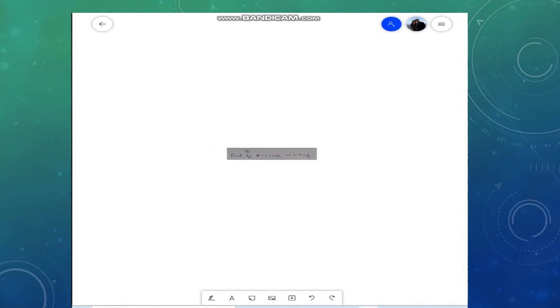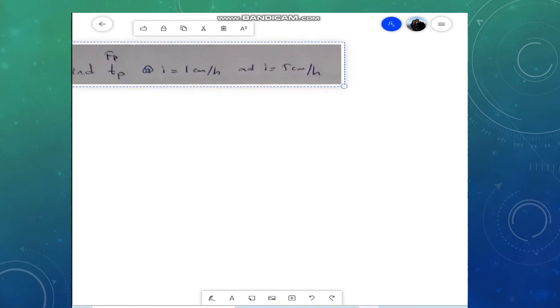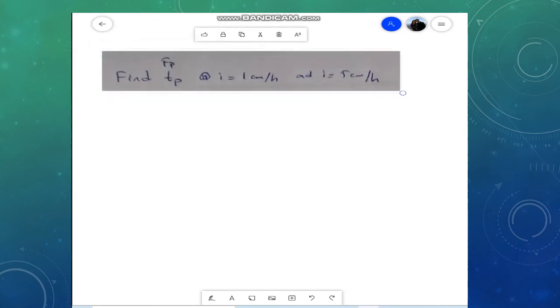Let's write it down here. For intensity of rainfall, 1 centimeter per hour and 5 centimeter per hour. So we are going to compare what's going on.